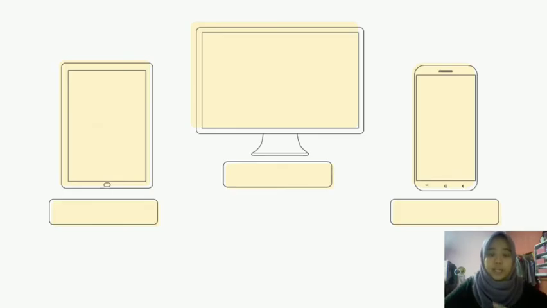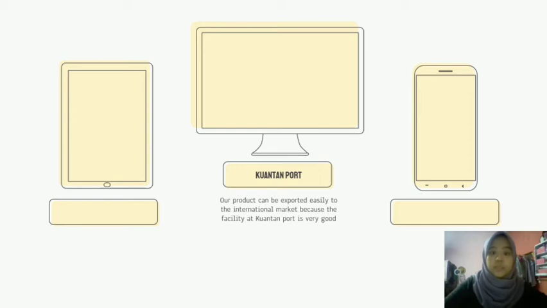We have chosen a plant location at Gebeng, Pahang. The area is advantageous and effective because of simple access, as it is close to the global port, Kuantan Port, so our product can be traded effectively to the worldwide market, and the facilities at Kuantan Port are excellent.